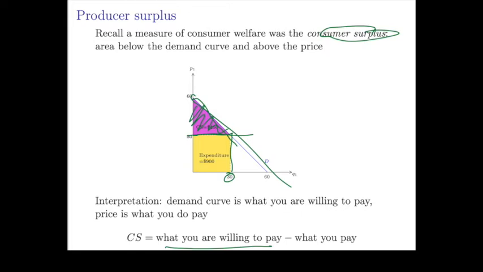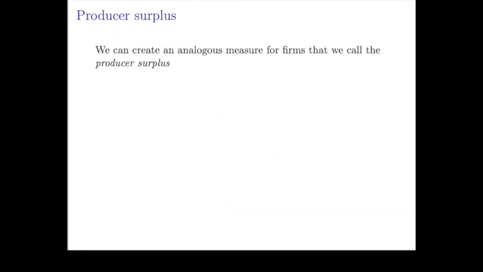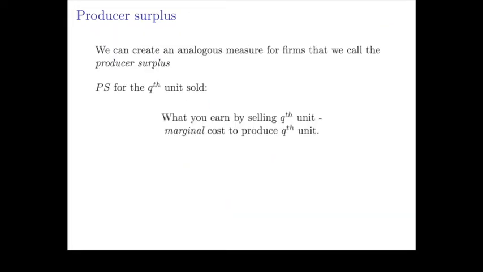For producer surplus, we're going to do something very similar. The producer surplus for the qth good that you sell is what you earn for the qth good, so what you earn by selling it, minus the marginal cost, what it cost you to sell that qth good, given that you were already selling q minus 1 of them.